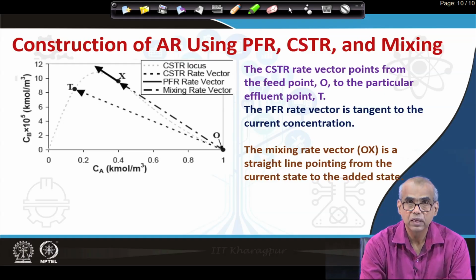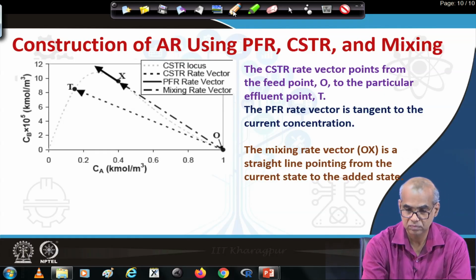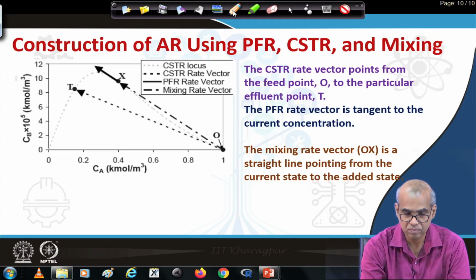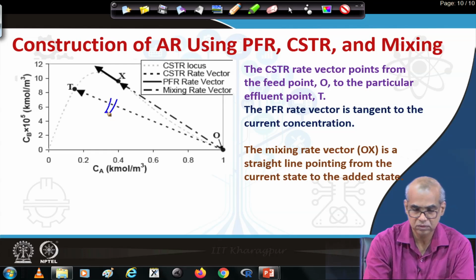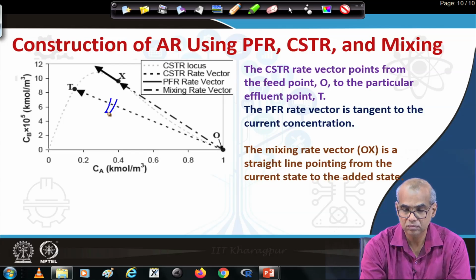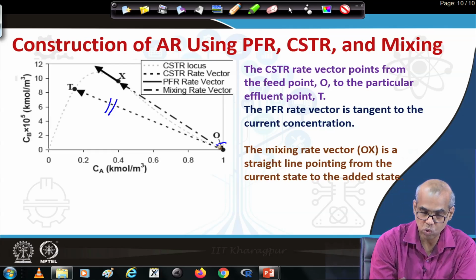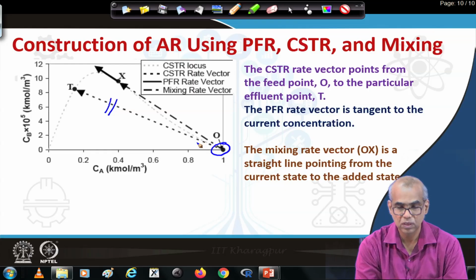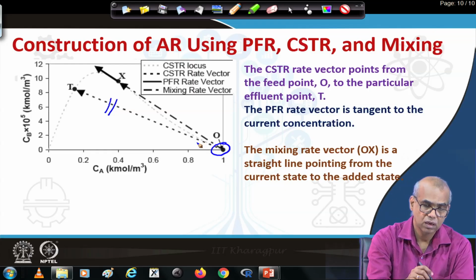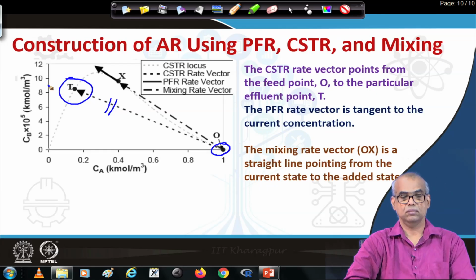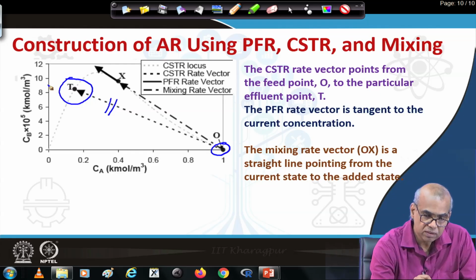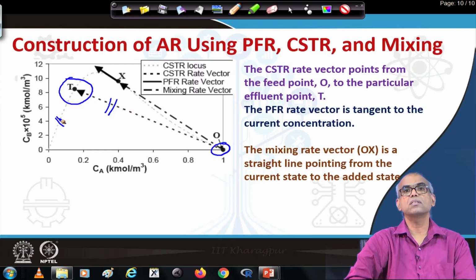Now, in this figure, the CSTR red vectors are shown as OT, which points from the feed point O to a given effluent point T. Note that this dotted trajectory represents a CSTR locus.